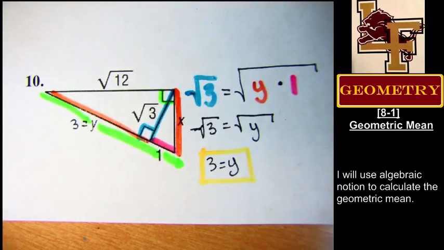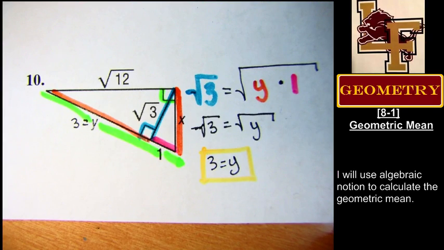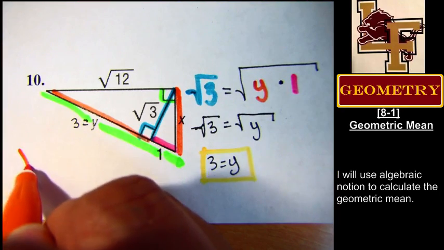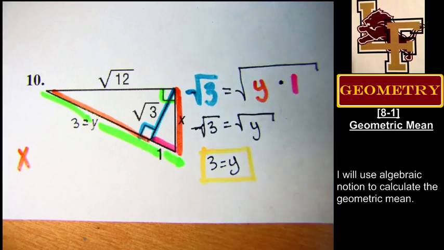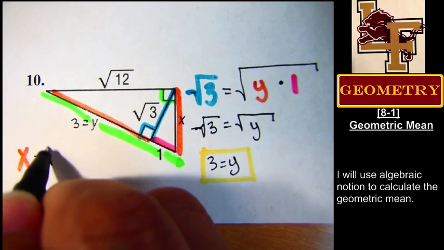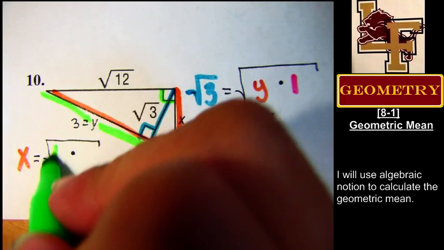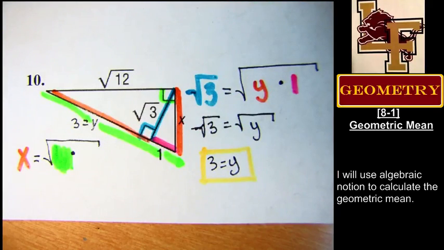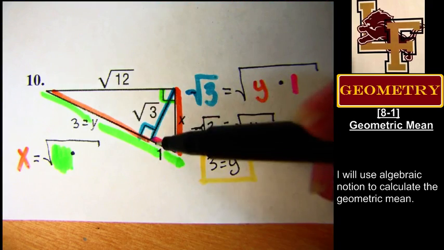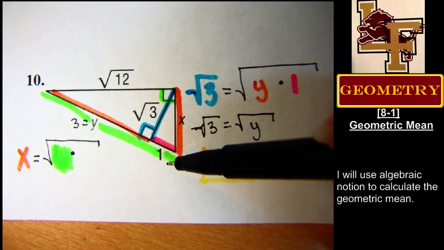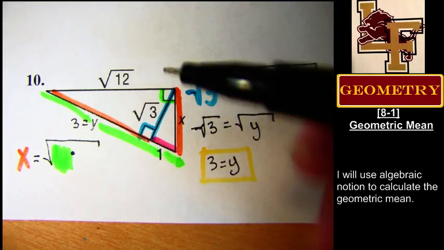The geometric mean leg theorem says the measure of that leg is the geometric mean of the entire hypotenuse. What's the measure of the entire hypotenuse? 3 plus 1. The whole thing. It's 4.